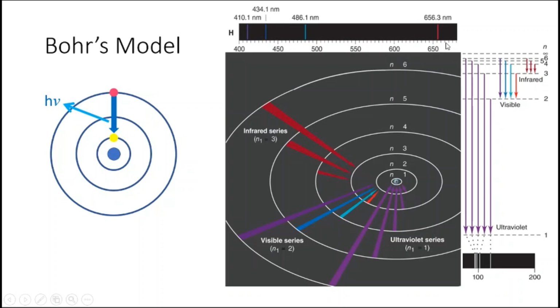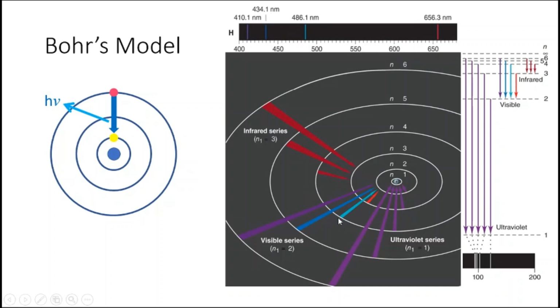That just means that some of the electrons in the different hydrogens are making a transition from an N equals 5 to an N equals 2, which corresponds to a big energy or a small wavelength of this purple color of 410.1. This other transition, going from your N equals 4 to your N equals 2, is a smaller transition or less energy, so it's going to be a bigger wavelength of 434.1.